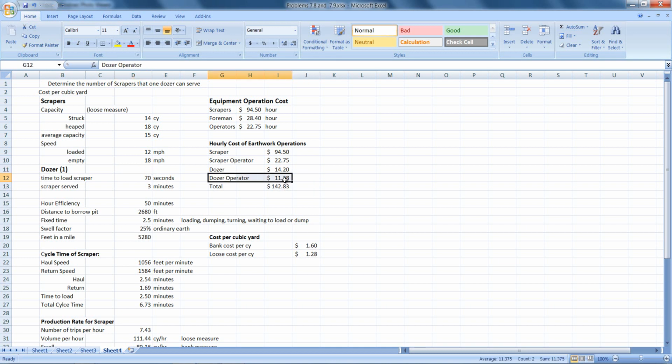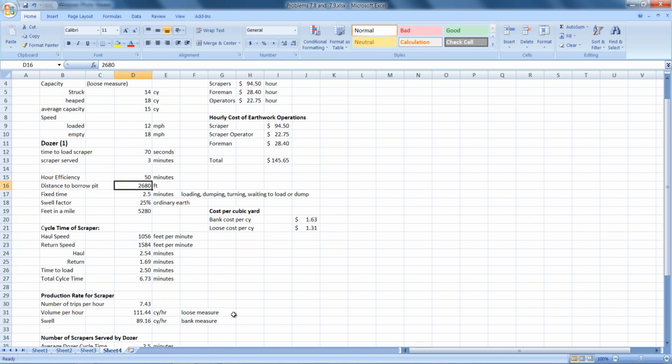Get rid of our dozer operator in this formula, and we'll just delete that. We're just figuring these for full hours. Then we have our foreman, and I'm just going to make our foreman equal our foreman cost. And we're at 145.65. The other variable that changed was the distance.